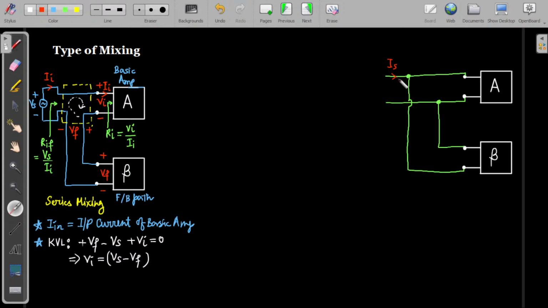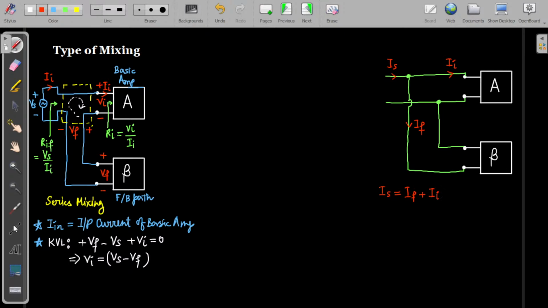So that's why in this case the source current and the input current to the basic amplifier will not be same. ये दोनों same नहीं होंगे. Some part of the current is going as IF. So what we can say here, we can say that the source current, that is the IS, will be equals to the feedback current plus the input current.